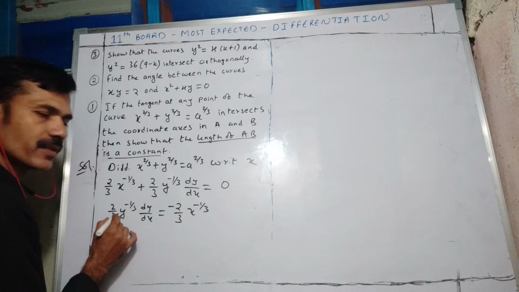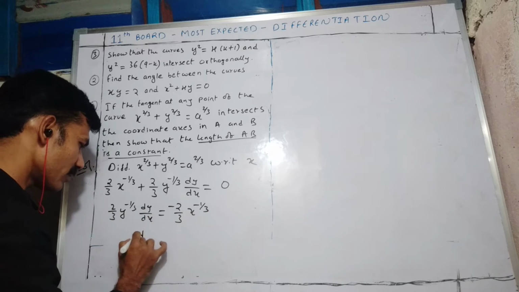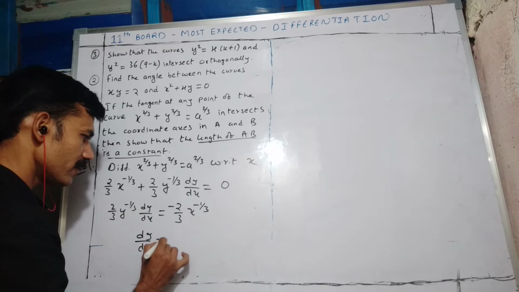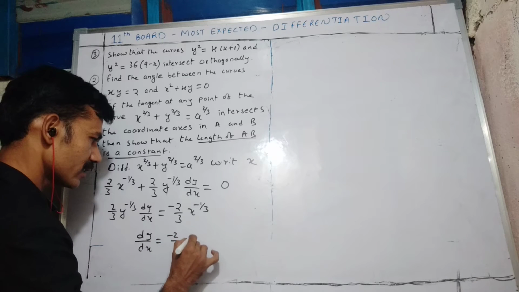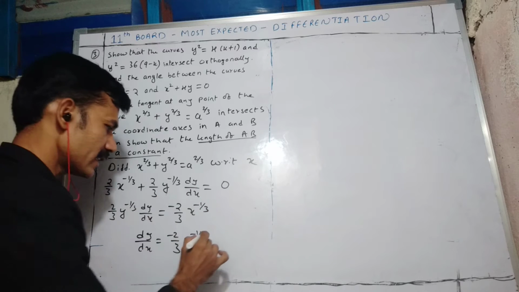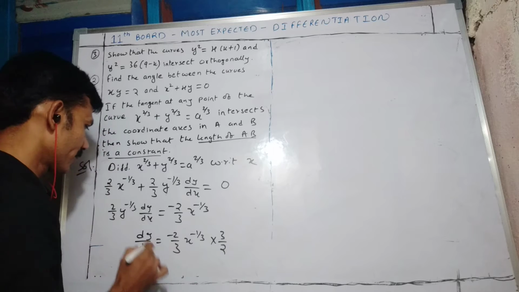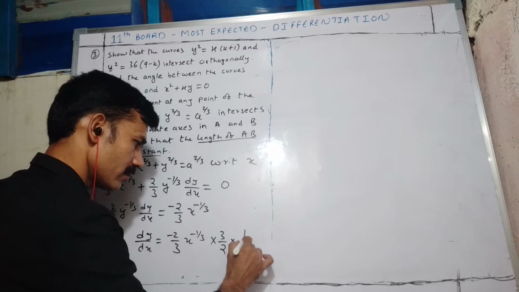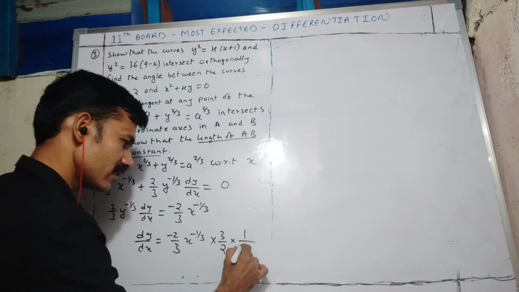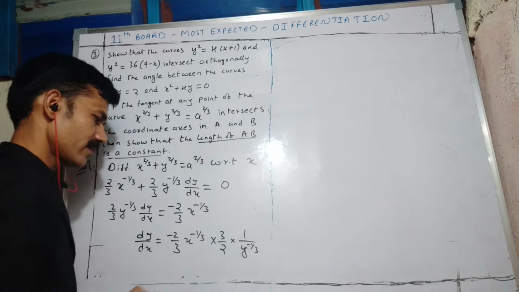Okay, next what we can do, here the multiplication is there, we can transpose that side, then it will become the reciprocal. So dy/dx value we will get: x^(-1/3). 2/3 if we send that side, its reciprocal is 3/2. y^(-1/3) will come to the denominator.